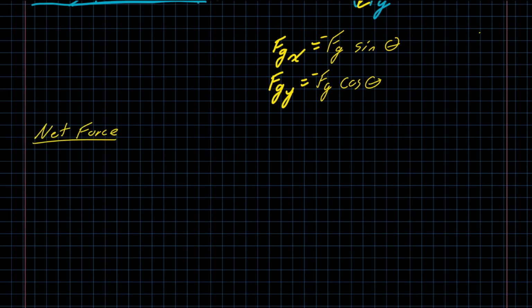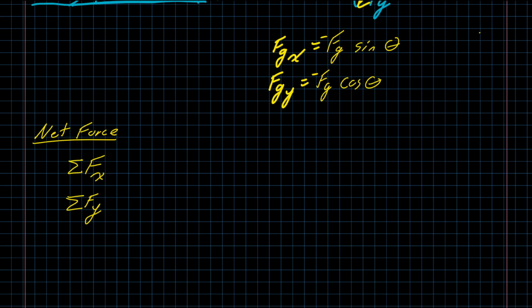Now that I have that, the next thing up, I'm going to talk about a net force. In order to talk about a net force, we usually use the Greek character sigma here. So the net force, and I'm going to split this up and think about it separately in the x direction, as well as in the y direction.